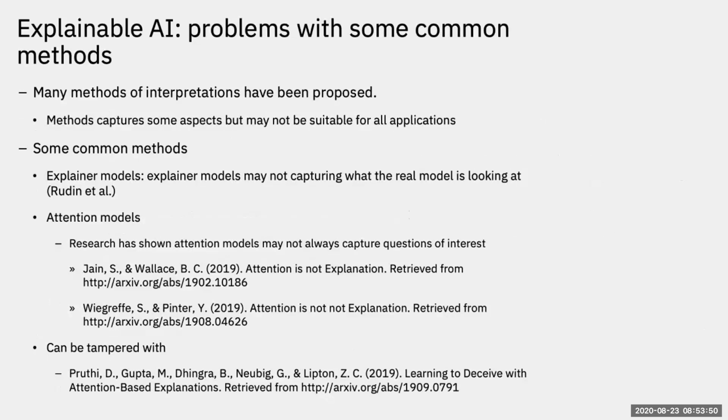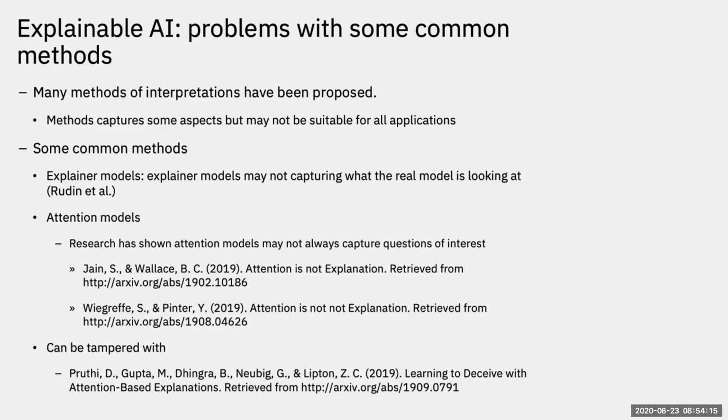Before going into some other aspects, let's look at some of the common methods and do a little bit of high-level critique of such methods. As was mentioned, several methods for explanation have been postulated in the literature. And as with any free lunch theorem, no method captures all aspects.